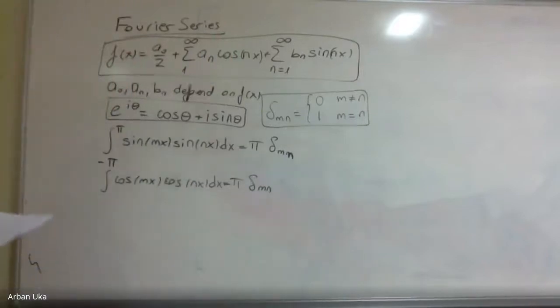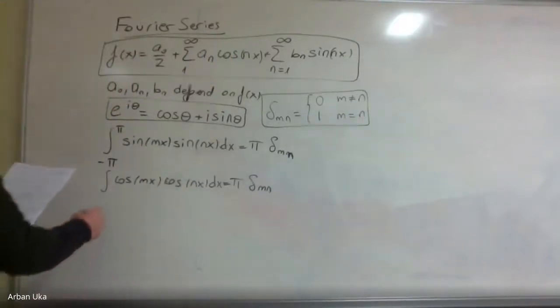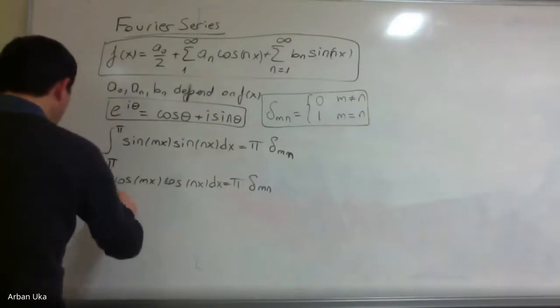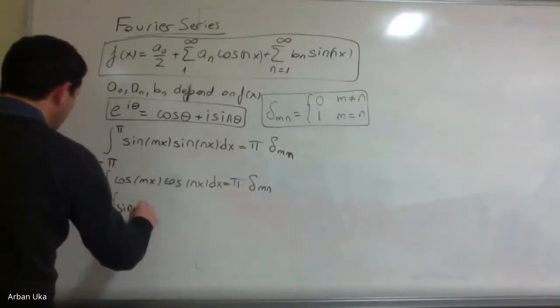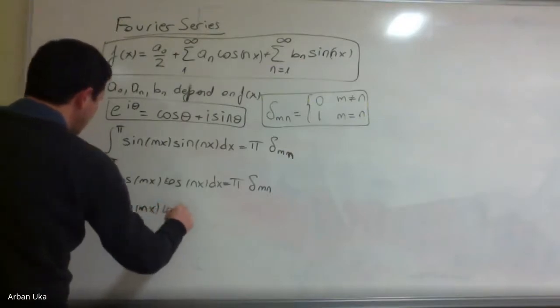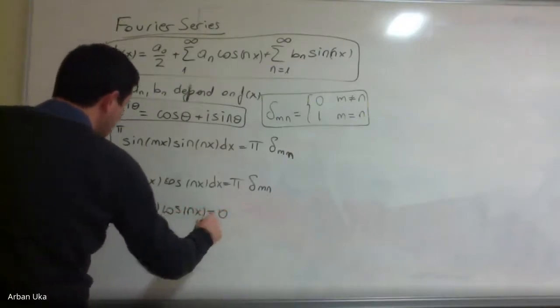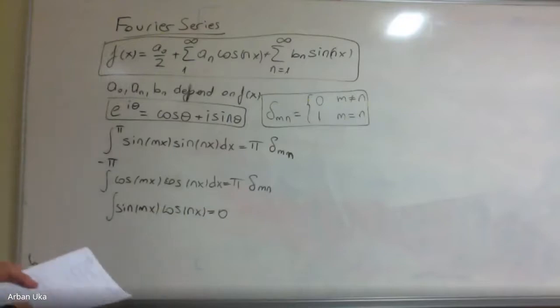Okay, so this is what we can say, and similarly we can add that the integral of sine mx cosine nx is always going to be 0, independently of the values of m and n.